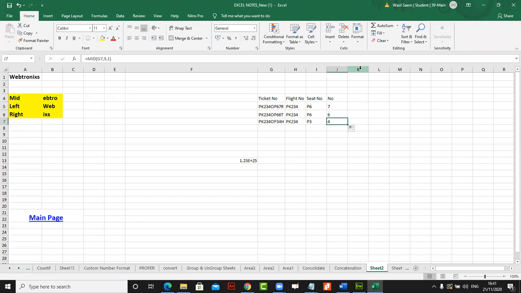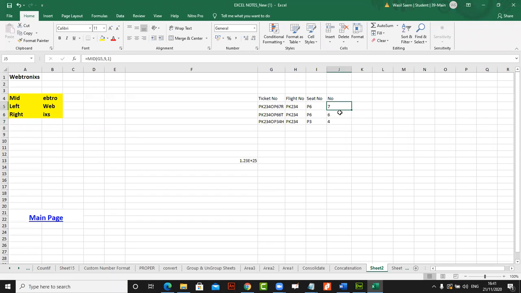Any problem with this? But what I want to emphasize is that you can see it's a number, but it's not a number. What do I mean? Let's say you need to multiply this with some amount in this column. You could say equals this multiplied by 10.